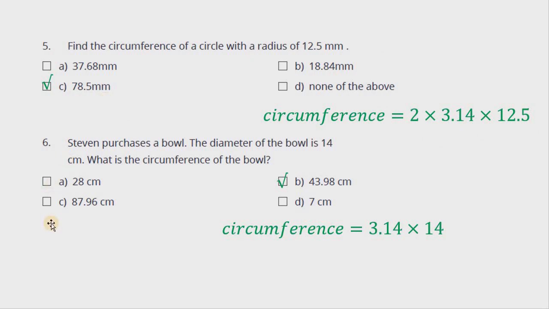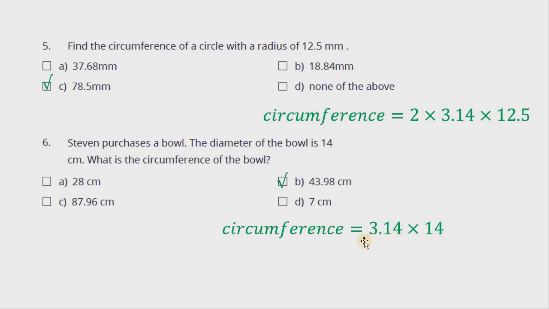Question number 6 is also the same. The diameter is given, that is 14 centimeters. What is the circumference of the bowl? That means you need to find the circumference by using the formula pi d.